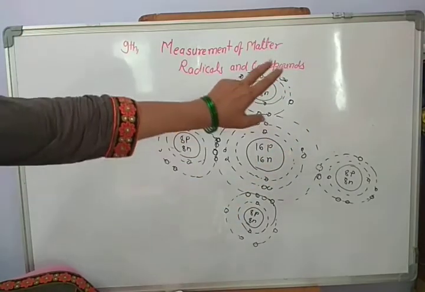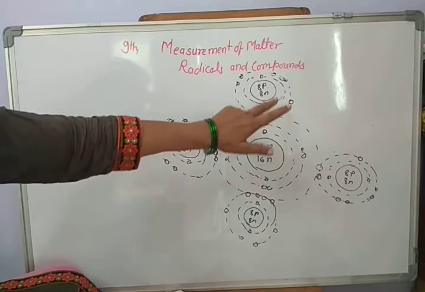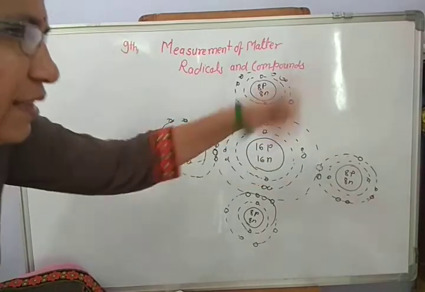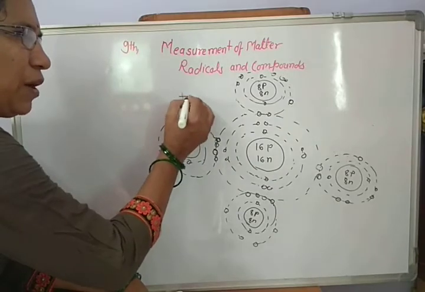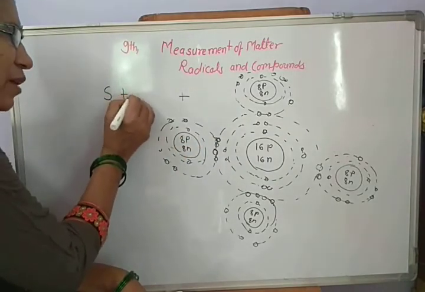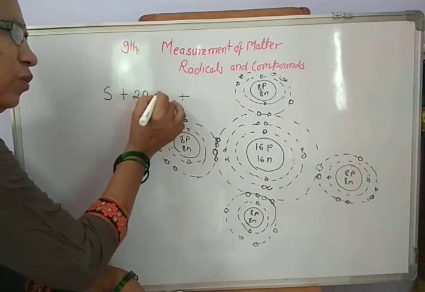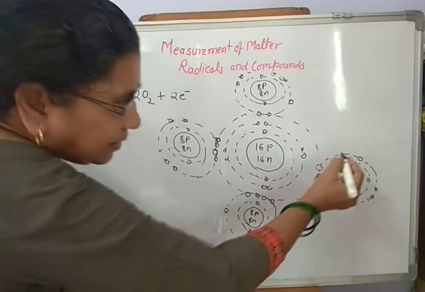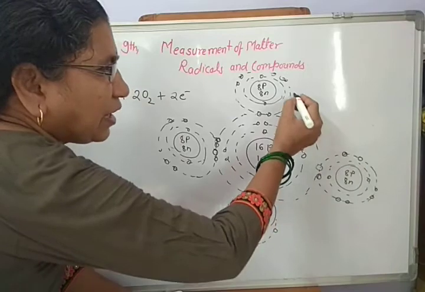Now to complete the octet of oxygen, here 1 electron is less, here also 1 electron is less. That is accepted, that is S plus twice O2 plus 2 electrons, those are accepted from some other elements.